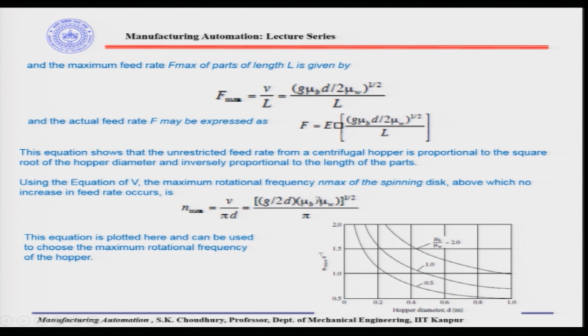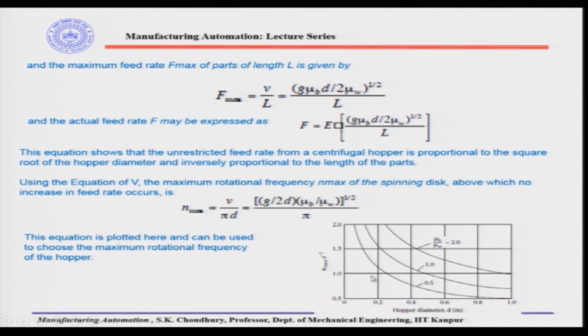Now, if you plot this equation, on the y axis we have N max in units of 1 per second, and this is the hopper diameter in meters. By varying the ratio of the coefficients of friction, between the part and the base and between the part and the wall, this will be the curve: if we increase the hopper diameter, N max actually decreases. This can be used to choose the maximum rotational frequency.